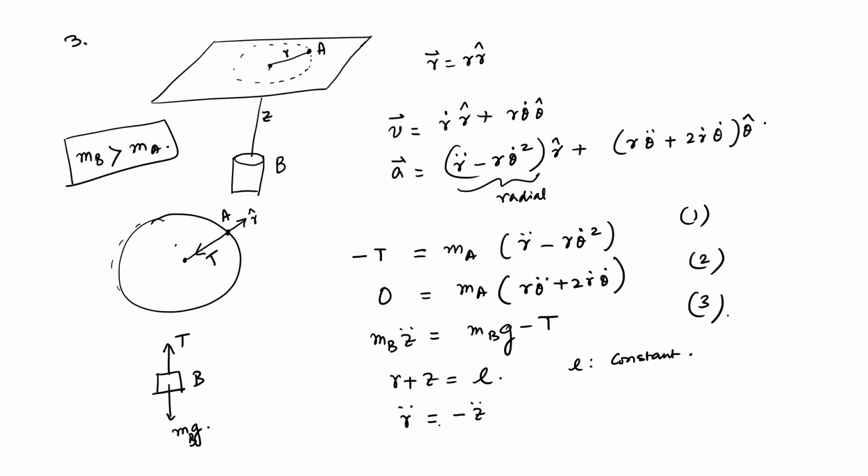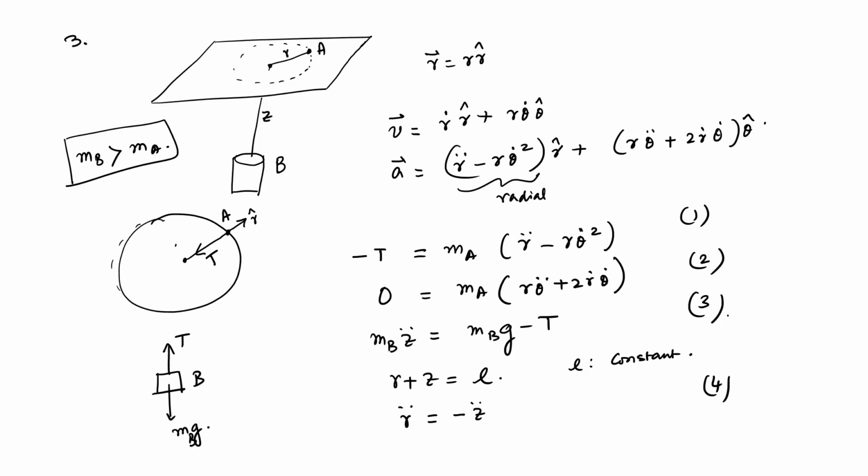So, r double dot equals minus z double dot. So, we get another equation which should aid us in solving this. The negative sign of course tells you that if A moves inward, B moves down.